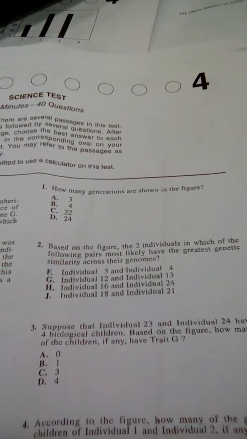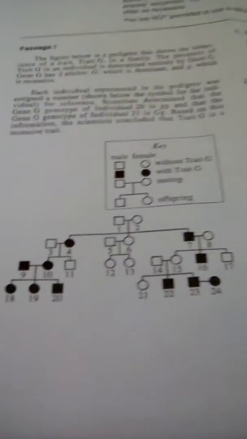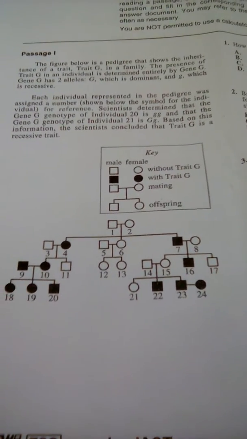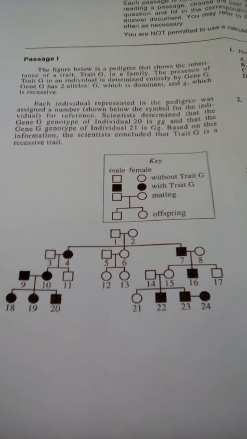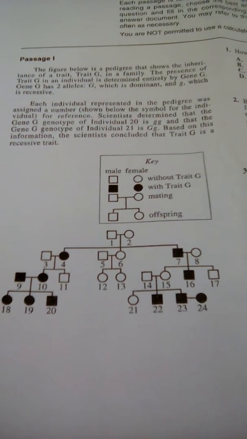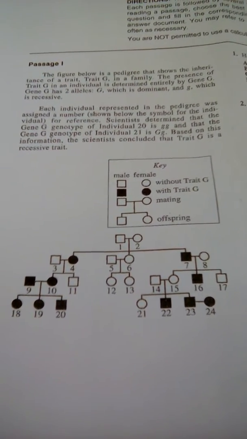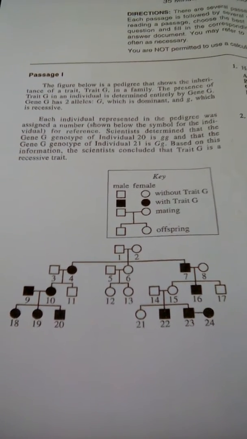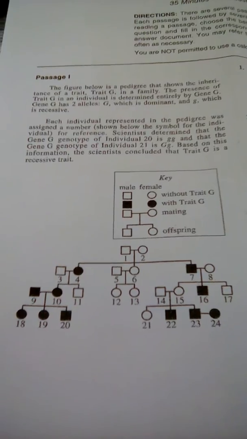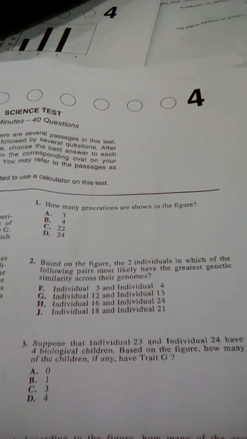G, individual 12 and individual 13. We see 2 white circles for individual 12 and individual 13. Essentially, they are brother and sister. They share the fact that they do not have the trait. So that must be the right answer, but let's check the other answers.